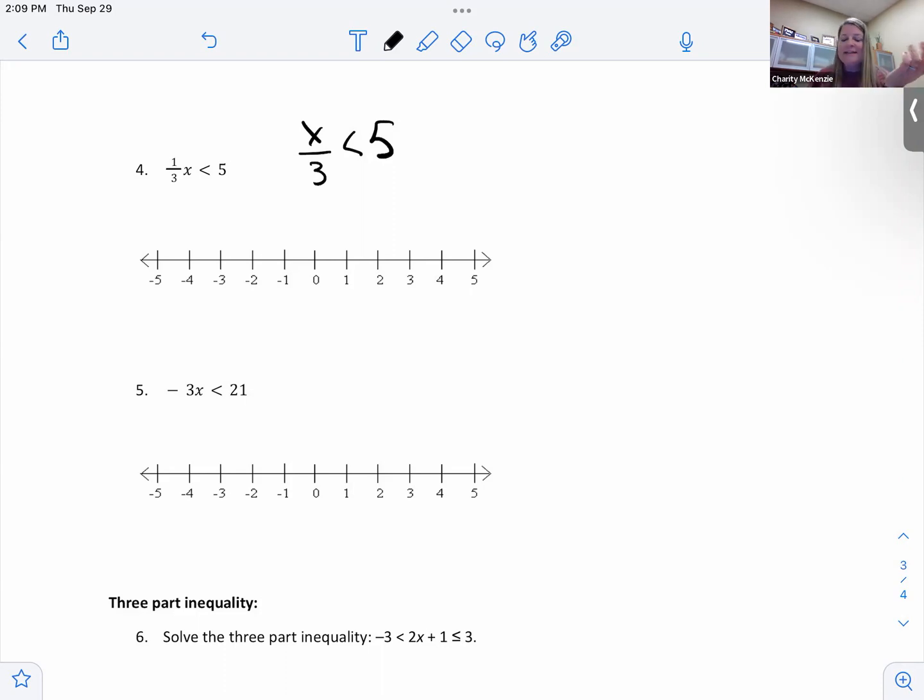Or 3 over 1. So times both sides by 3. It's not a negative, so we're not switching an inequality. It's positive 3. So we're going to times this side by 3 and this side by 3. And that's going to give me just x, because this is like 3 over 1, right? So those cancel. x is less than 15.